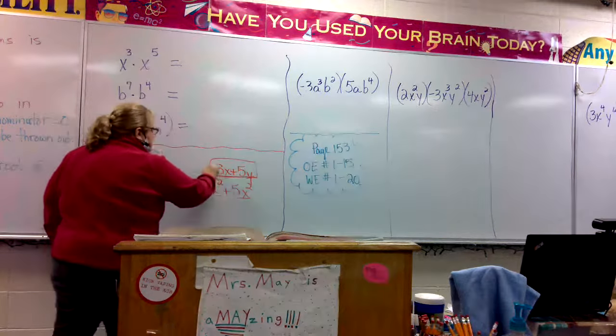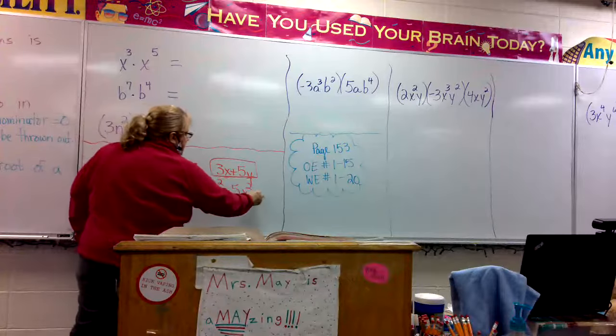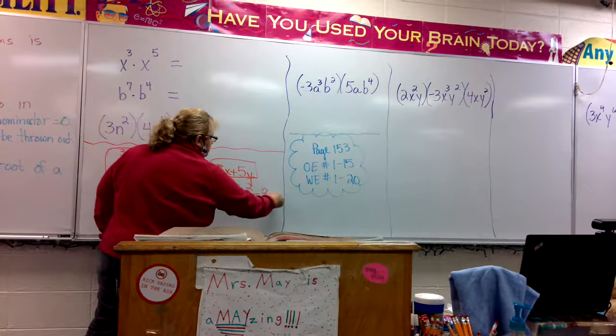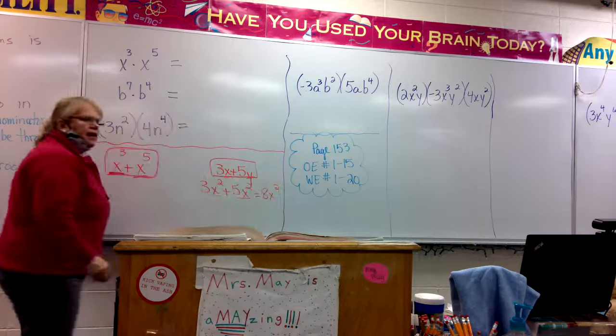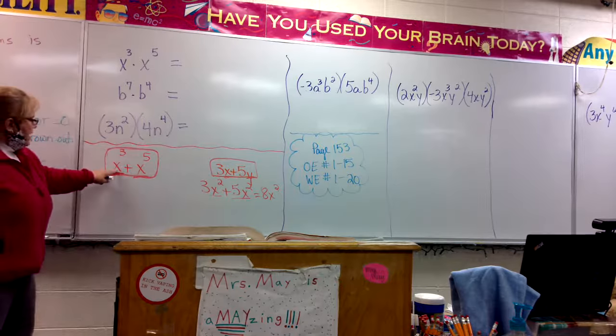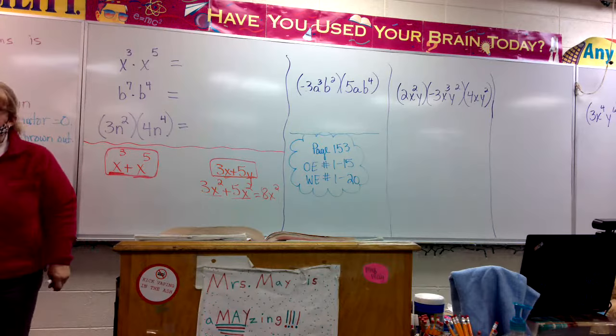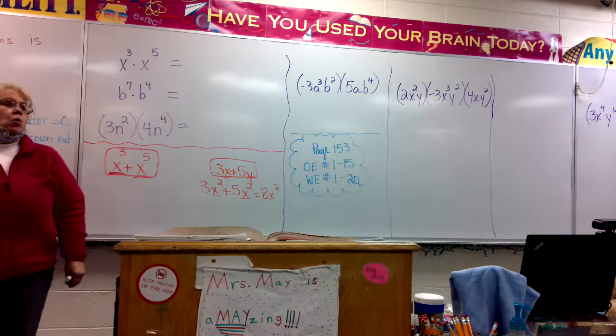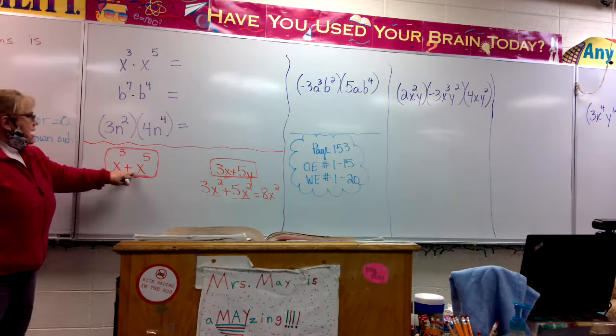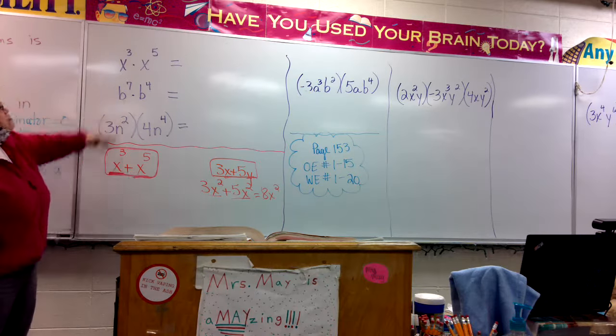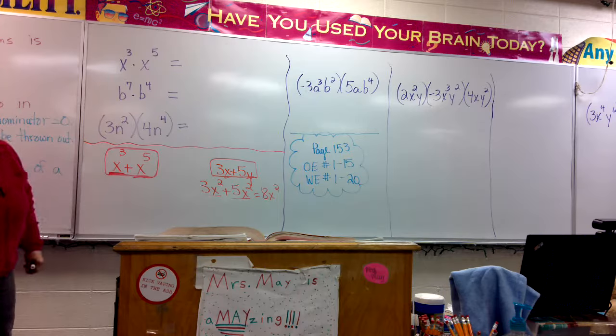That would be your answer. If they're the same, then you can combine them. But if you have x to the thirds and x to the fifths, those cannot be added, right? Well, today, instead of adding them, we're going to be multiplying those.